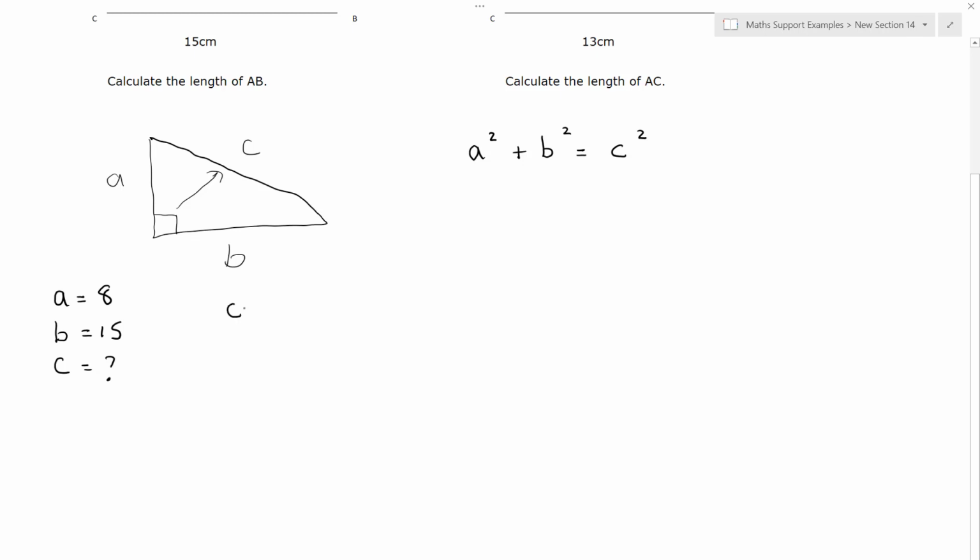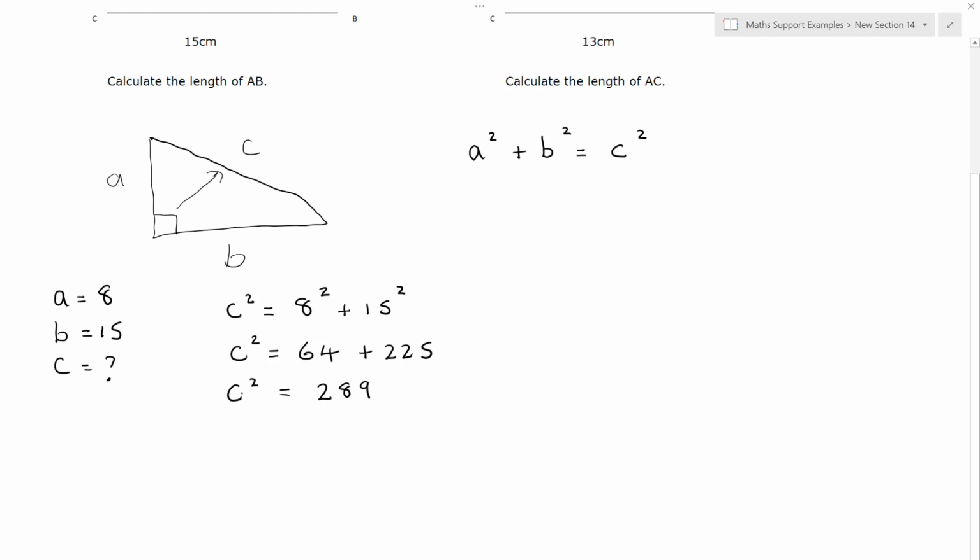So we're going to say that C squared is equal to 8 squared plus 15 squared. C squared is therefore equal to 64 plus 225, and we see that 64 plus 225 is 289.